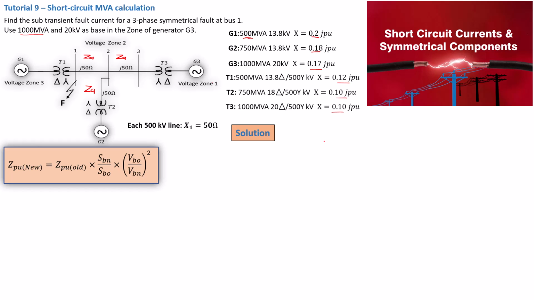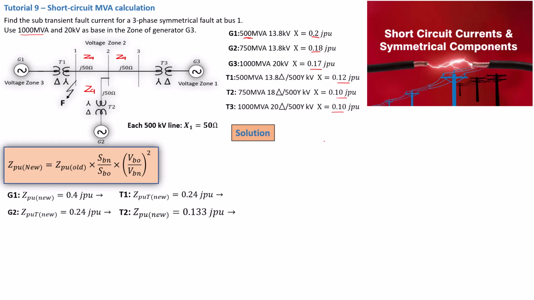So having said that, we can then deduce that generator 1 has a Z per unit new of 0.4 j per unit, and Z per unit new of the transformer is 0.24 j per unit. Generator 2 is 0.24 j per unit, and T2 is 0.133. So if you replace all the parameters of transformer 2 here, the 750 and the 0.1 j per unit, into this formula, you're going to find this value here.